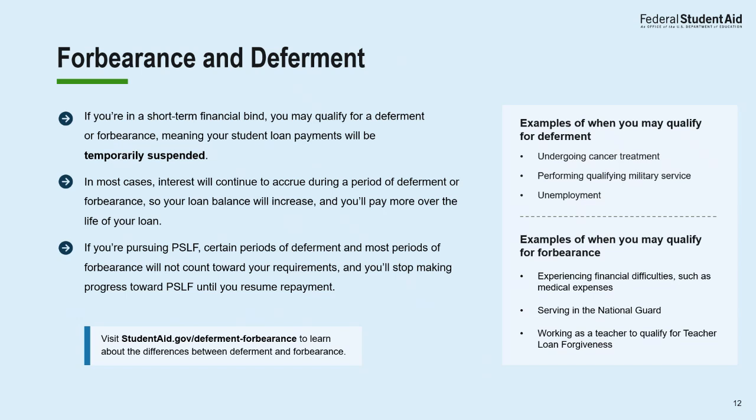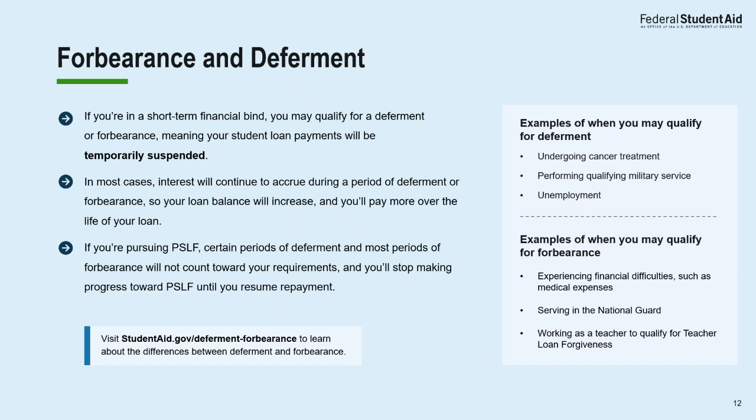Some examples to qualify for forbearance might be that you have some financial difficulties or have some unexpected expenses, such as medical expenses, to consider, or you are serving in the National Guard. It is important to consider all of your options before deciding on what to do.